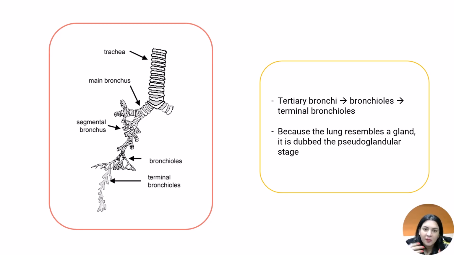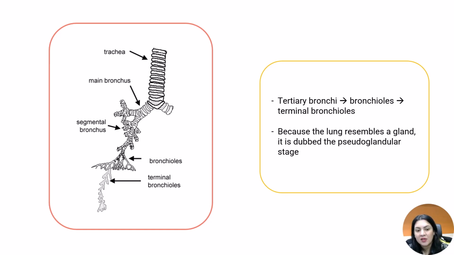And it's the culmination of all these developmental changes that is reflected in the histological appearance of the lung as well, which as I shared, you will discuss more in your gross anatomy classes, that very much gives the lungs a gland-like quality. And that's why this phase is referred to quite commonly as the pseudoglandular stage.